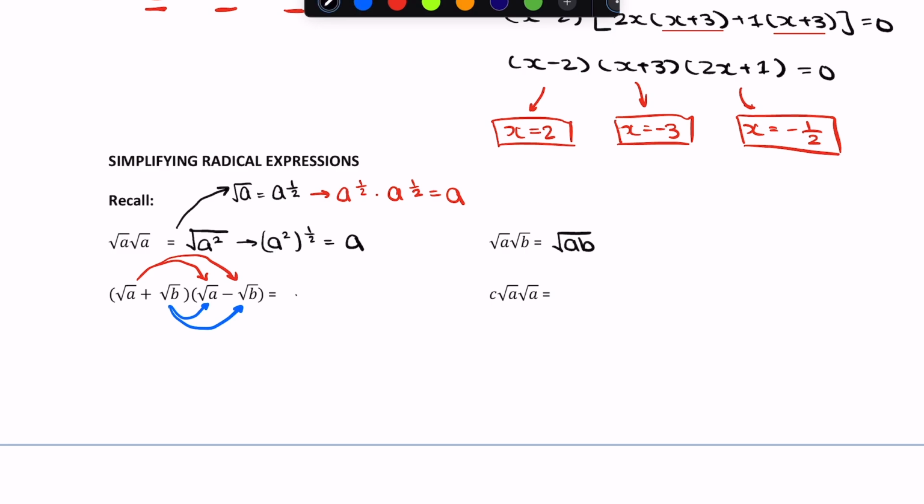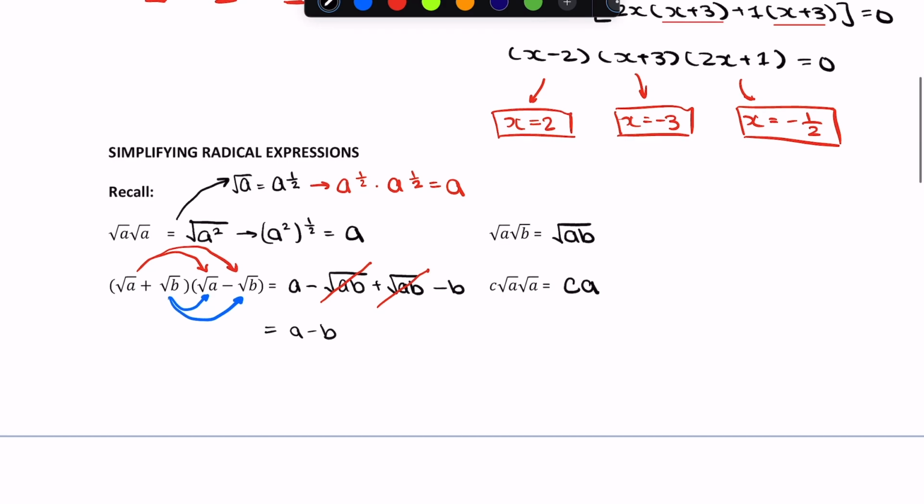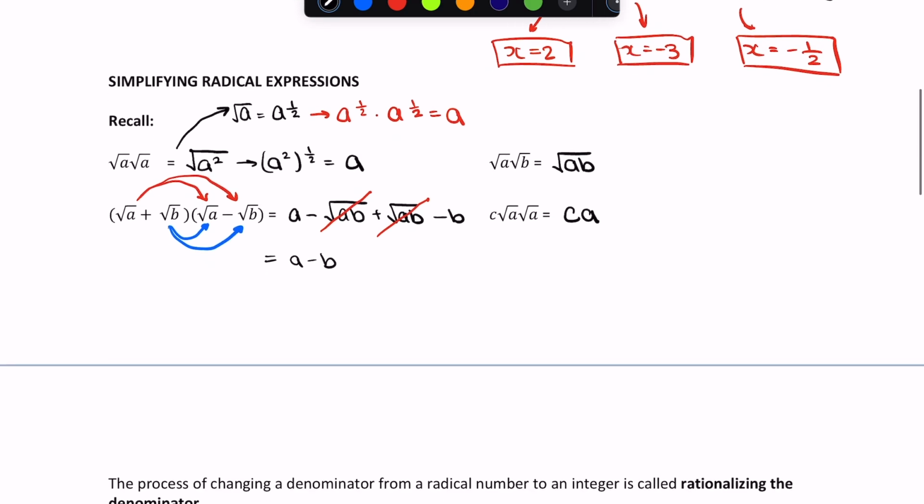That will leave you with a minus square root ab plus square root ab minus b. Negative square root ab and positive square root ab cancel out. So here you'll be left with a minus b. Finally, c multiplied by square root a multiplied by square root a will just leave you simply with c times a. So as we work through these next couple of questions, make sure to keep these rules in mind.